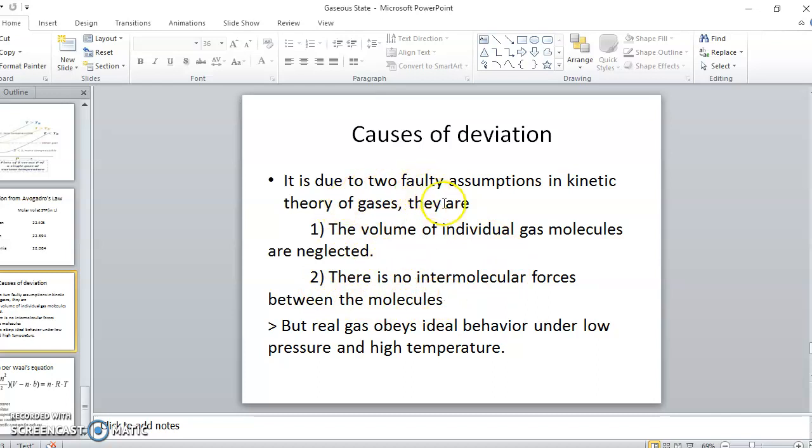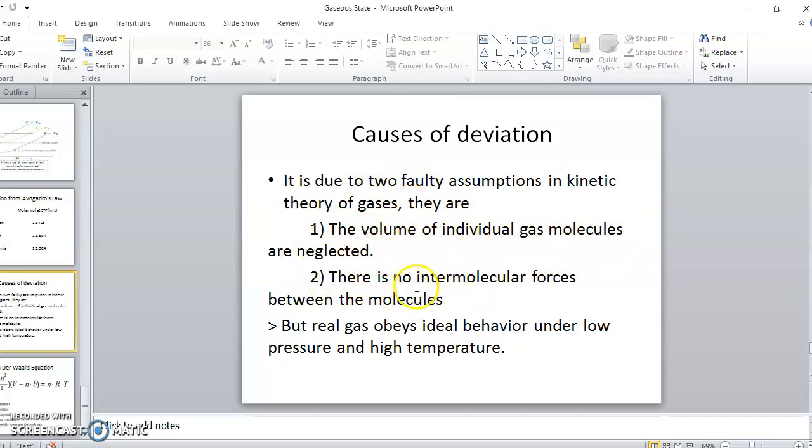So what we are trying to do? We are trying to apply the concept of an ideal gas, that is kinetic theory, as such to a real gas. But it will not obey. Why? Because these two assumptions are not suitable for a real gas: the volume of individual gas molecules is neglected and there are no intermolecular forces.